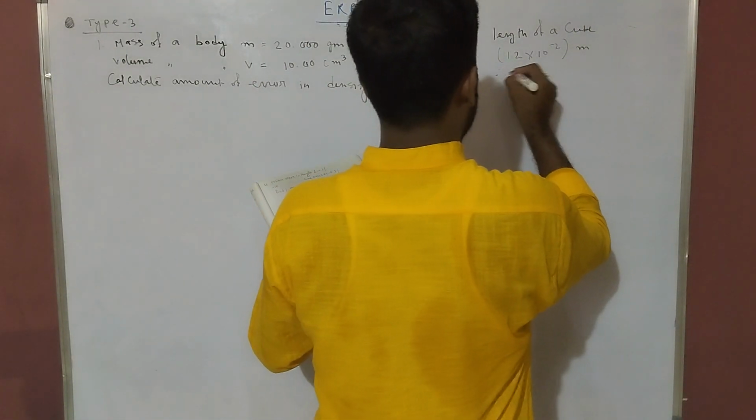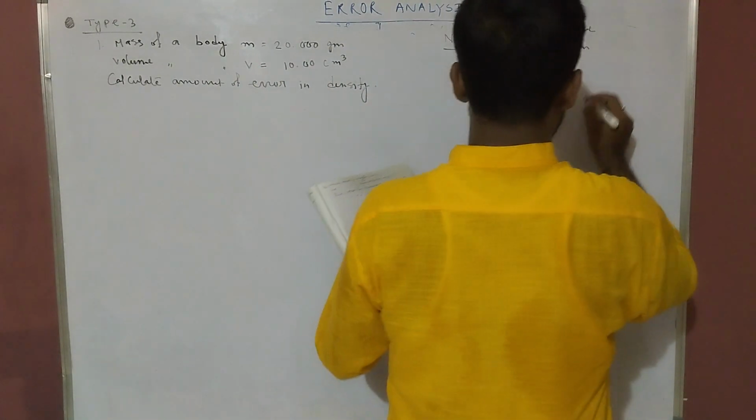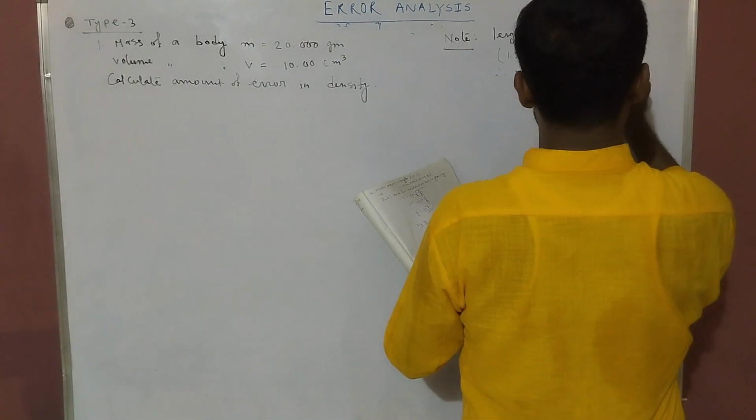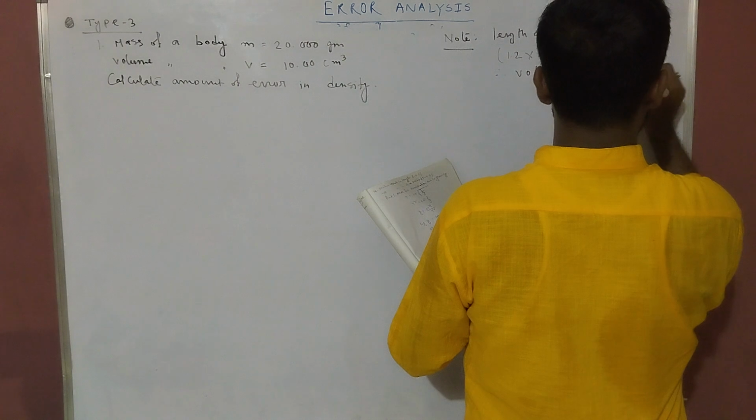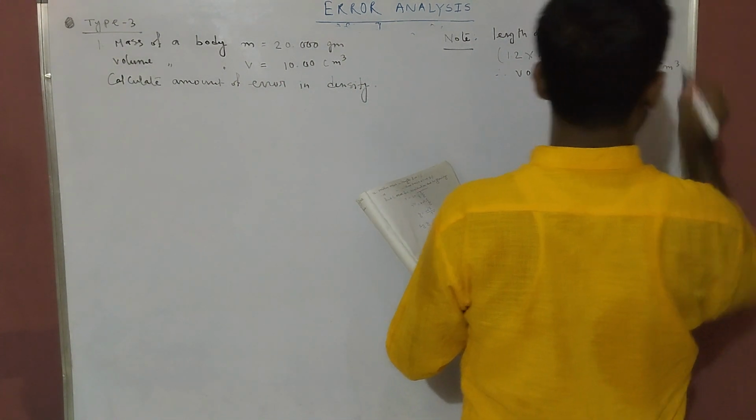So what will the volume be? The volume will be 1.728 into 10 to the power minus 6 meter cube.